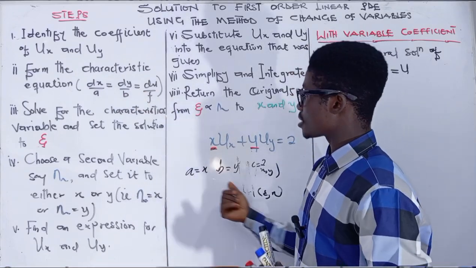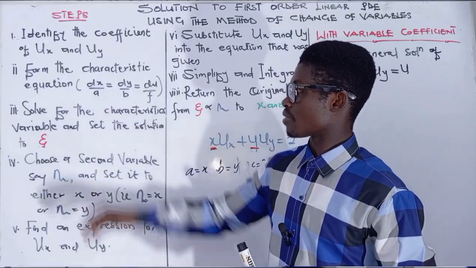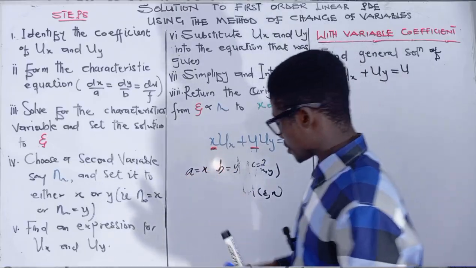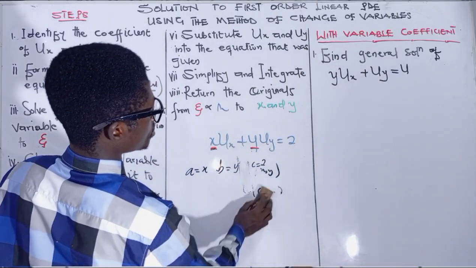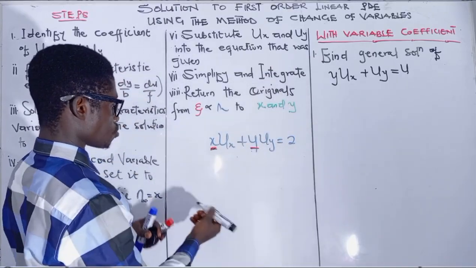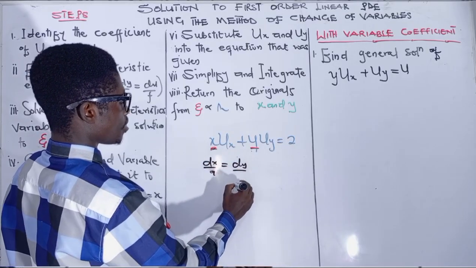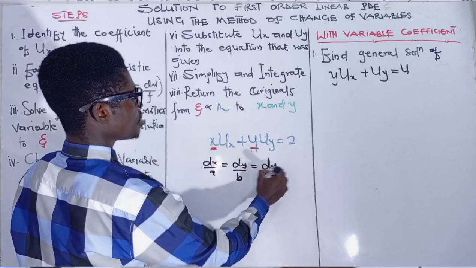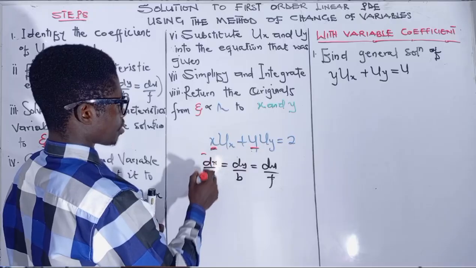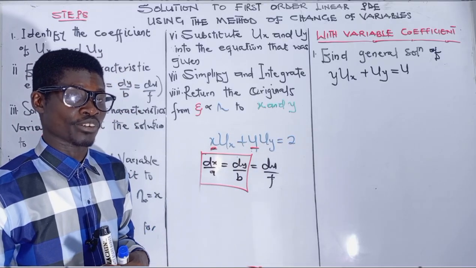Once we form the characteristics equation, we make use of the first two, dx over a equals dy over b, to find the solution for the characteristics variable.